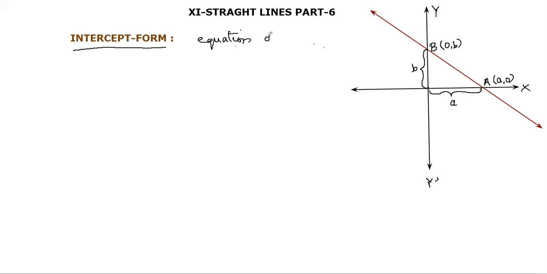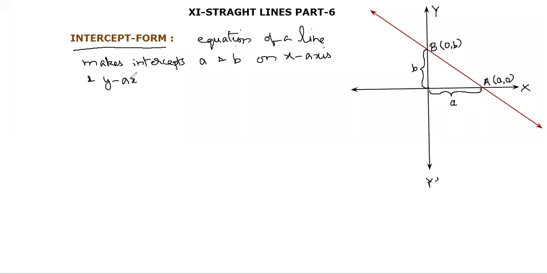So the equation of a line which makes intercepts A and B on x-axis and y-axis respectively is, means now the line is making both the intercepts.